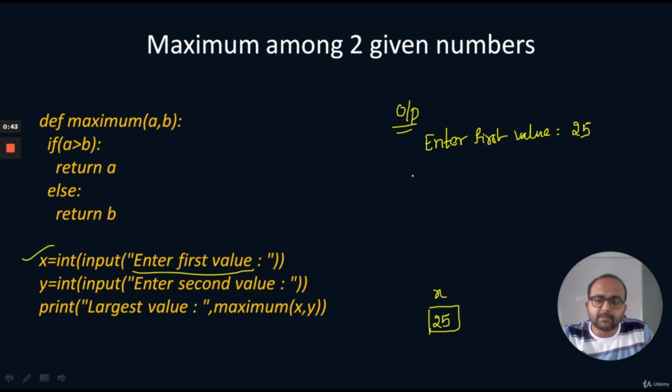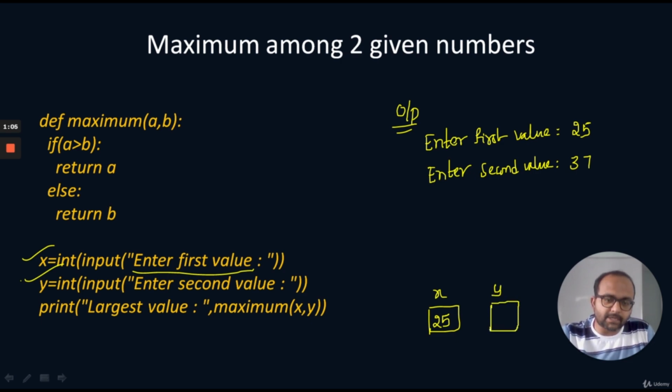Next, the statement that is going to be displayed is enter second value. Suppose the second value entered is 37. Immediately the value of y will become 37. Next, the print statement largest value will be displayed.